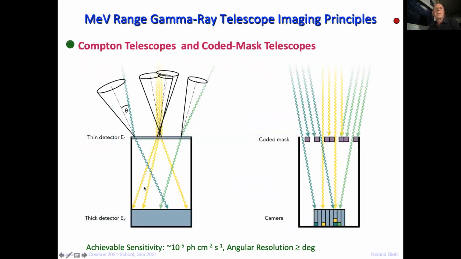So the imaging principles for those different detectors are shown here. For the Compton telescope that I just mentioned, when you have a photon coming in, then that photon can scatter by some angle in a thin first detector, and the scattered photon is then absorbed. And you can have another photon coming in that scatters by the same angle, but it comes from a different direction.